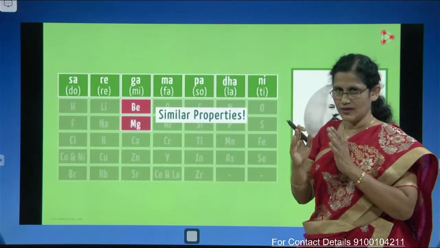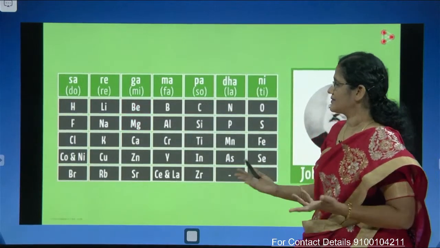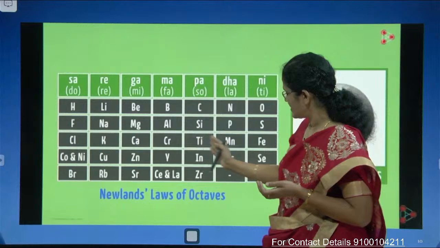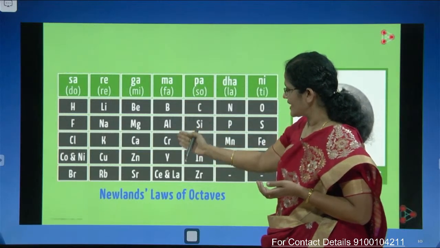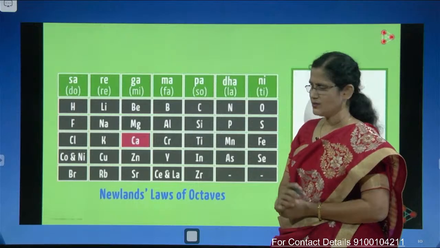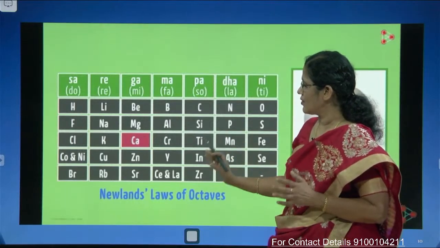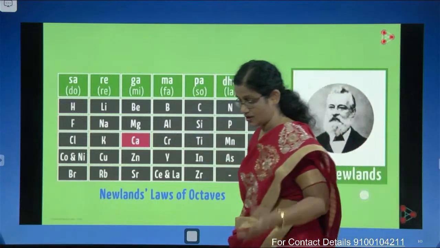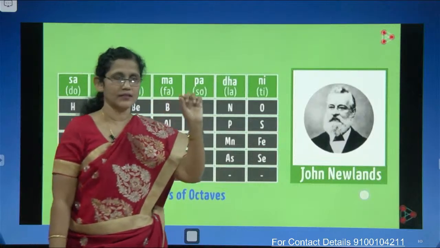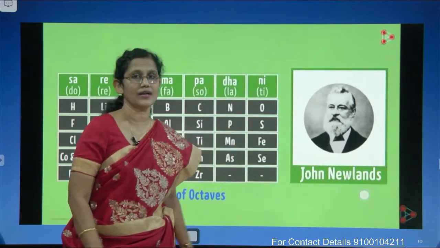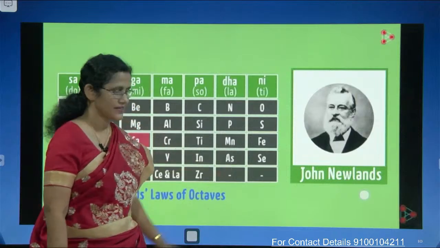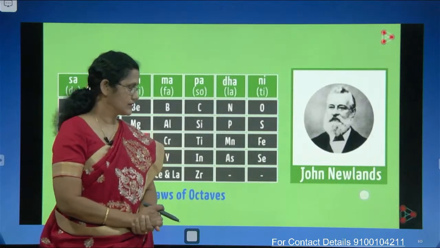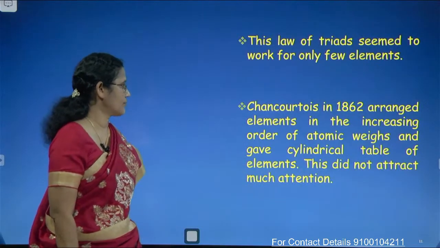This holds good up to calcium, but afterwards this type of classification failed, because once the transition elements were introduced, their properties are not exactly similar. You may be asked an objective question: up to which element does Newlands' law of octaves hold good? Up to calcium. Afterwards, we have transition metals, so their properties do not match after the 8th element. So, this is Newlands' law of octaves.